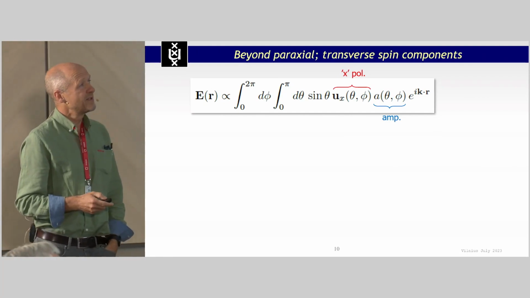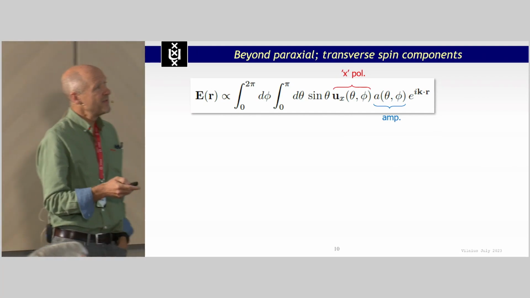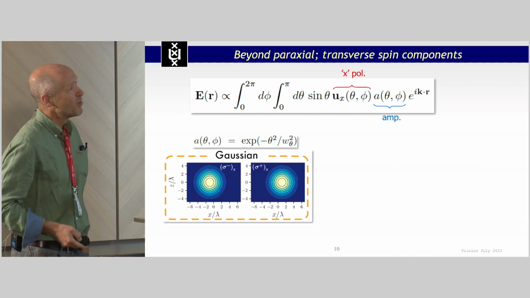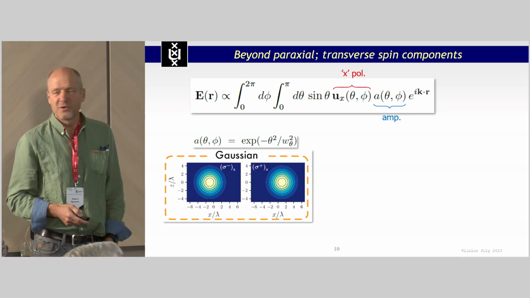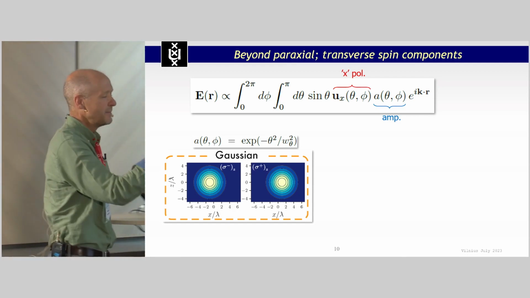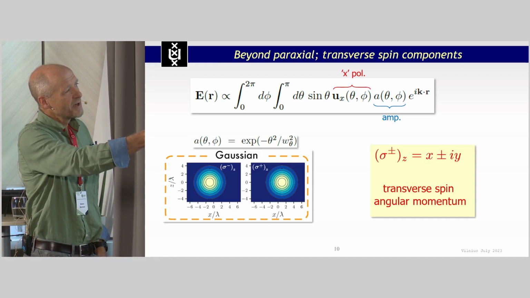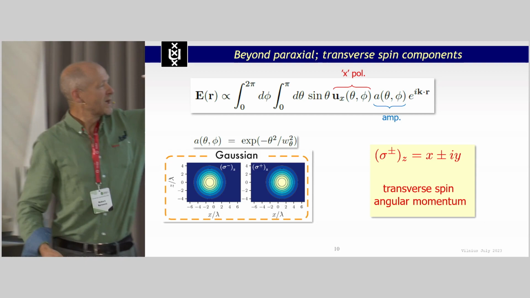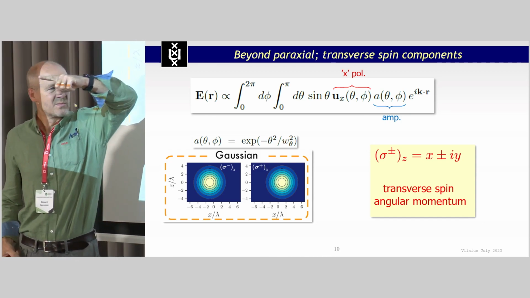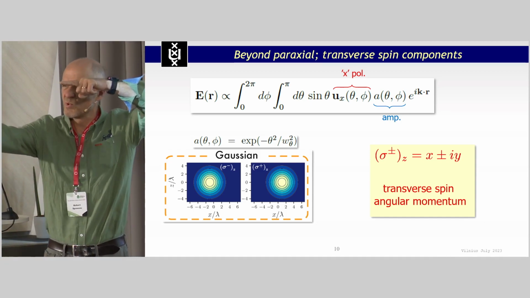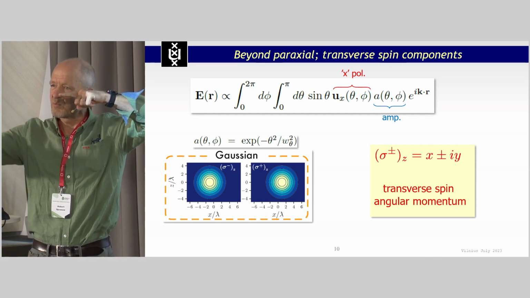But there's a simpler way to look at all this, which happens if you decompose this field in the focal plane in transverse spin components. So now what I'm doing here is I'm decomposing the light field in circular components, but if the tweezer beam comes out of the plane, the circular components would be like this, okay, in this plane.